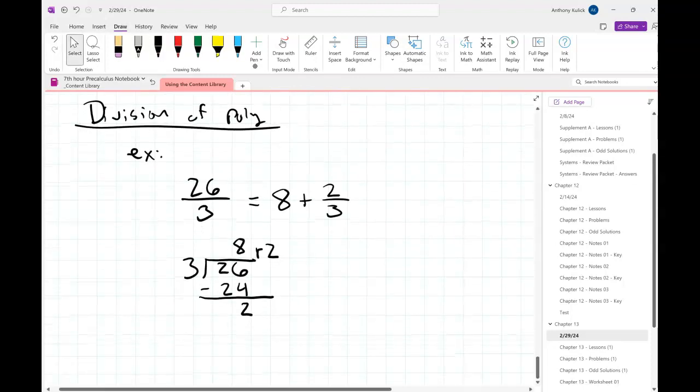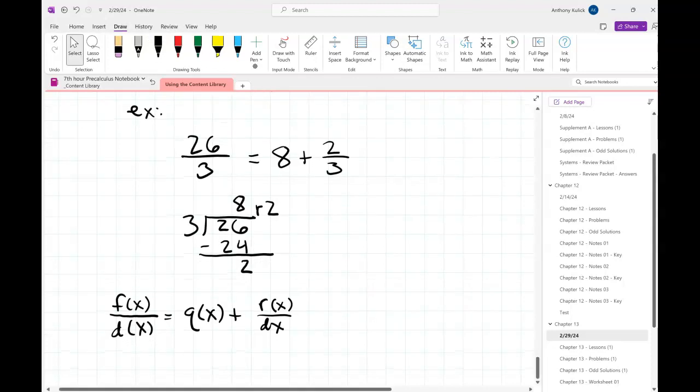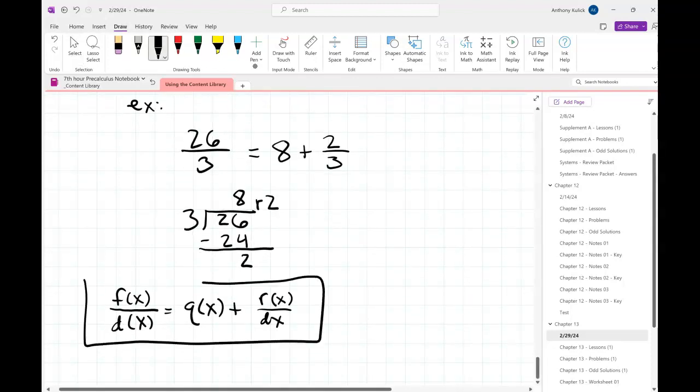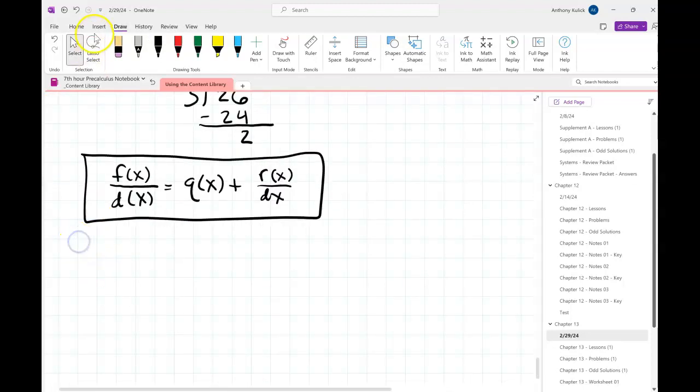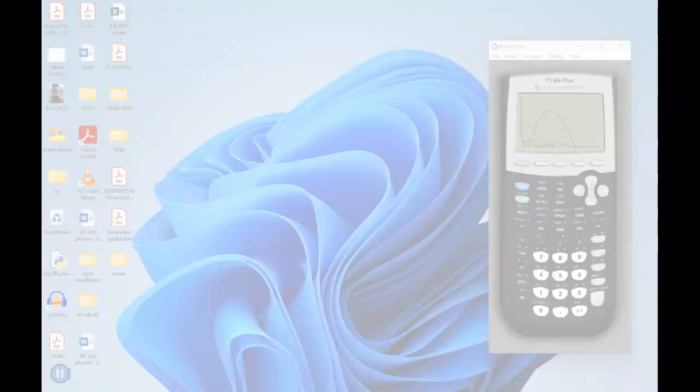So what we're seeing here is that if I take some numerator and some denominator, I can do division to get a quotient plus a remainder over the divisor. That's what we're going to be doing here. Now, instead of using numbers, we're going to use polynomials. So let's look at what that process looks like.